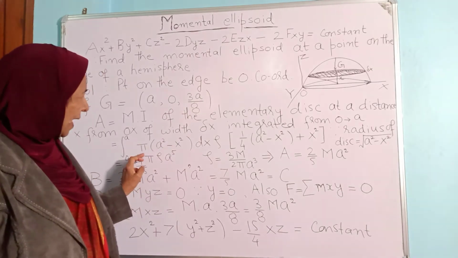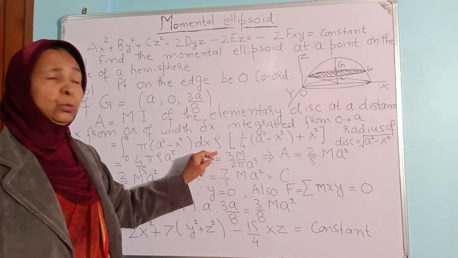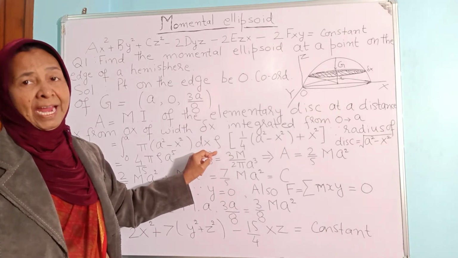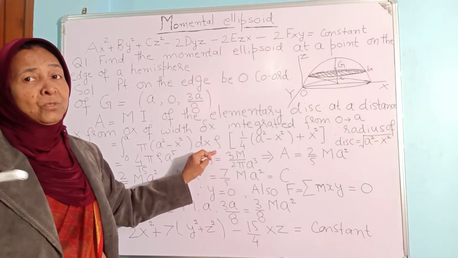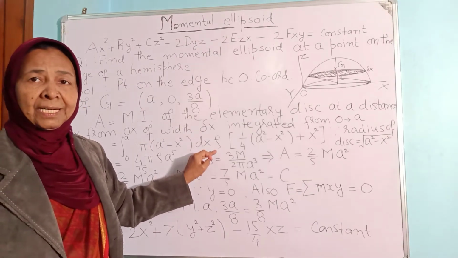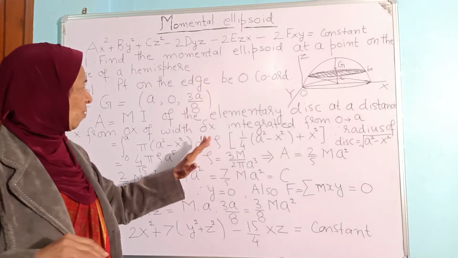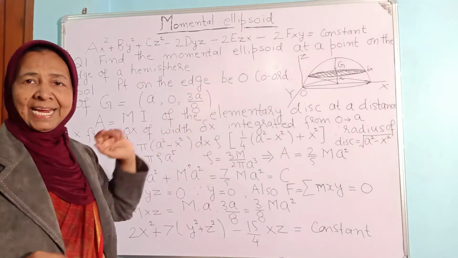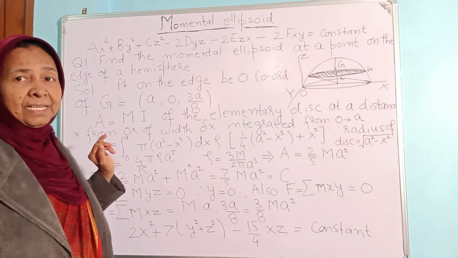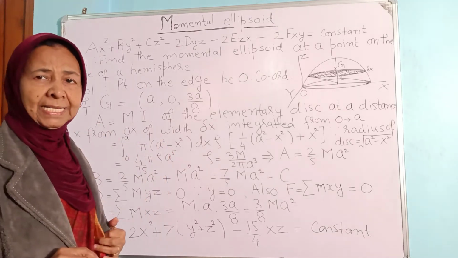So it will be π(a² − x²) dx into rho. This is in fact, when integrated from 0 to a, will give you the mass of the solid sphere's half. When not integrated, that is simply the mass of the disk.